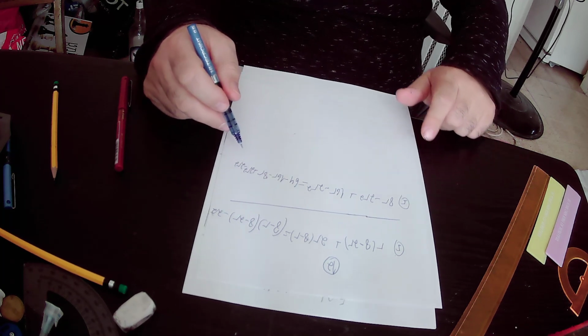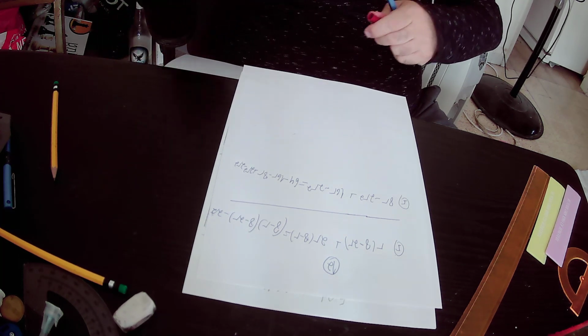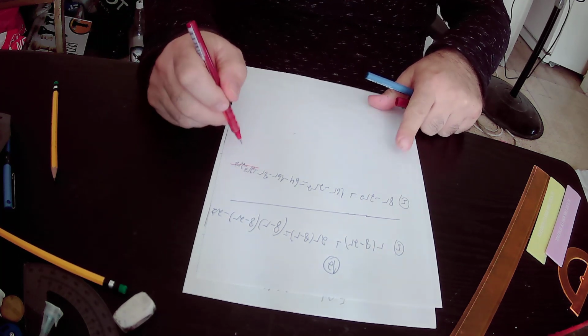So here plus 2r squared minus 2r squared is 0. So those two expressions will get cancelled.